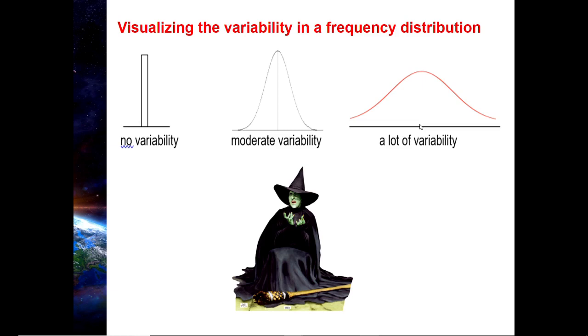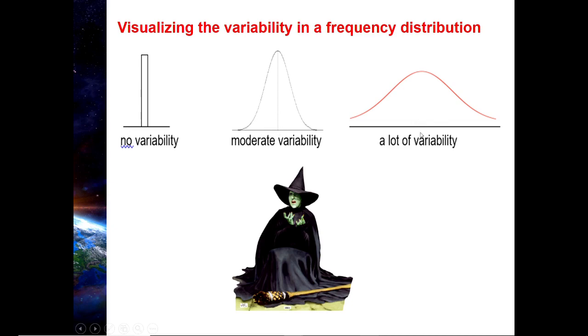Standard deviation. The square root of the variance is the standard deviation, and that tells us the average distance that scores are to the mean. That's the measure of variability we use the most often. Over here, standard deviation would be pretty small because on average the scores are pretty close to the mean.